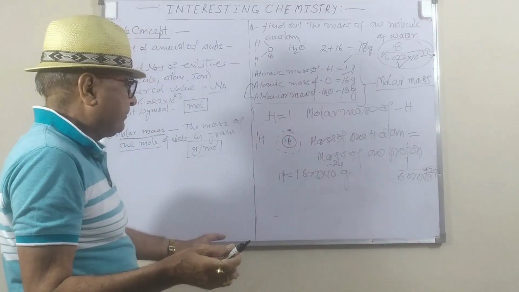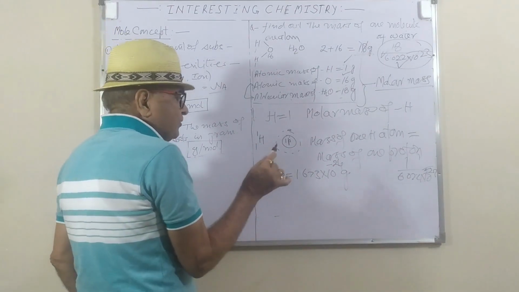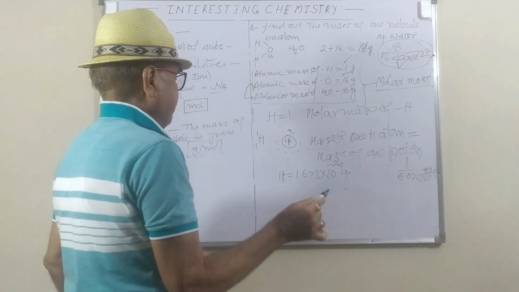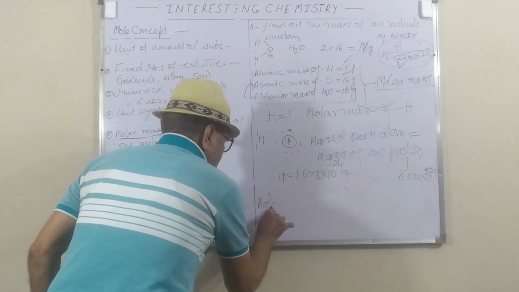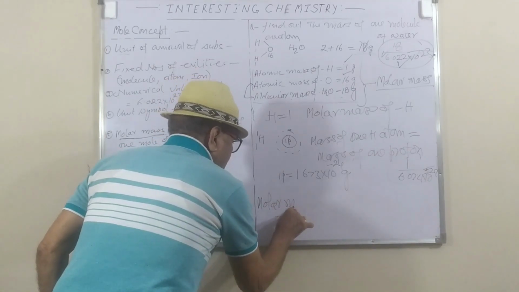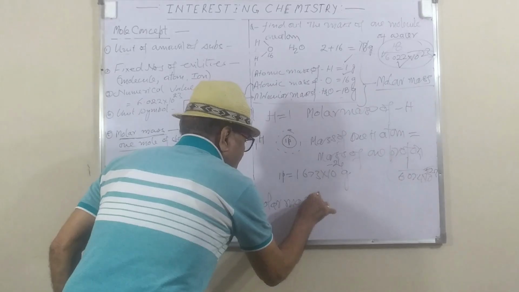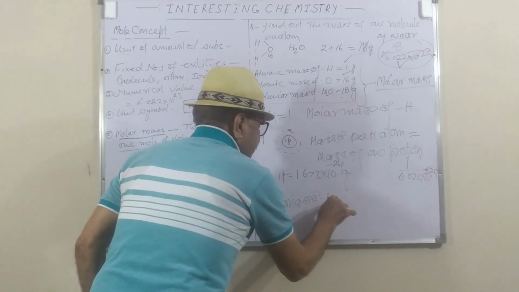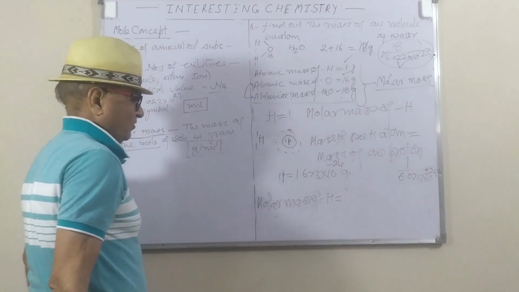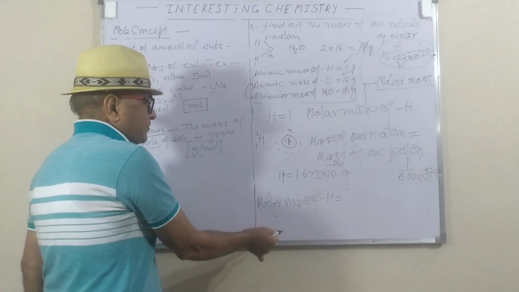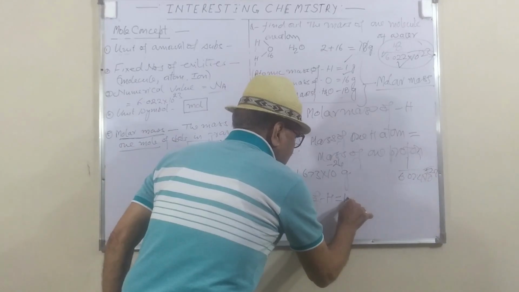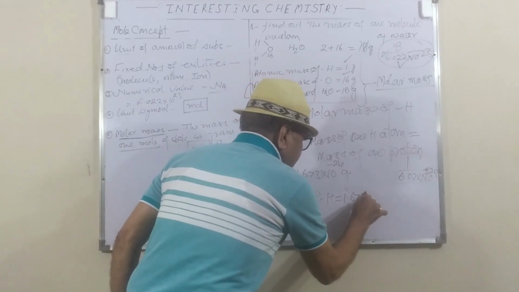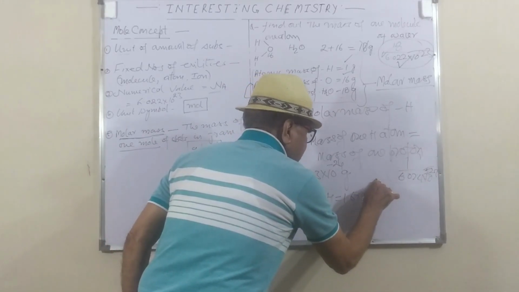But now I am telling you what will be the molar mass. Molar mass of H is equal to molar mass. So the mass of one atom of hydrogen is 1.673 into 10 raised to the power minus 24.